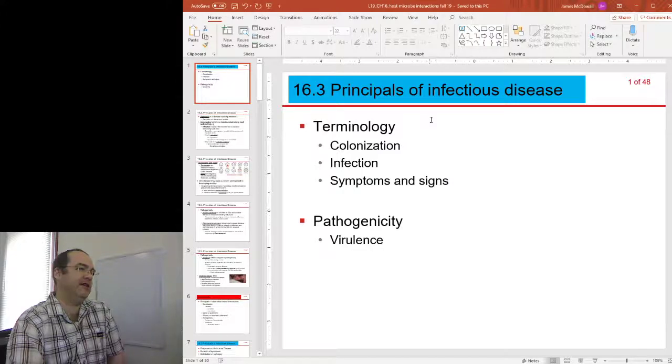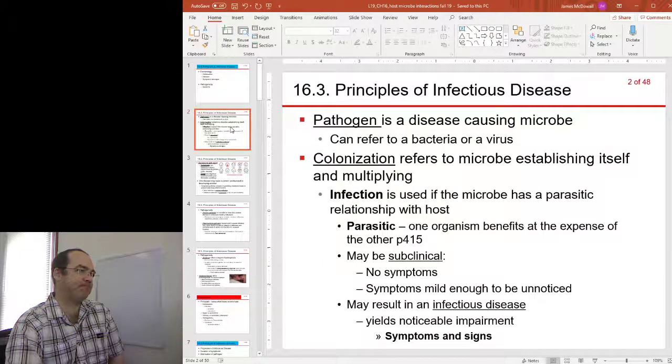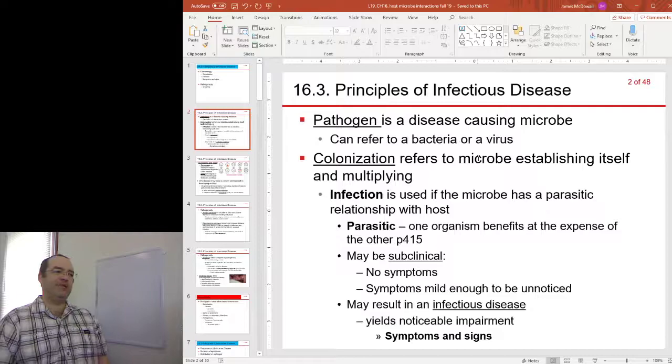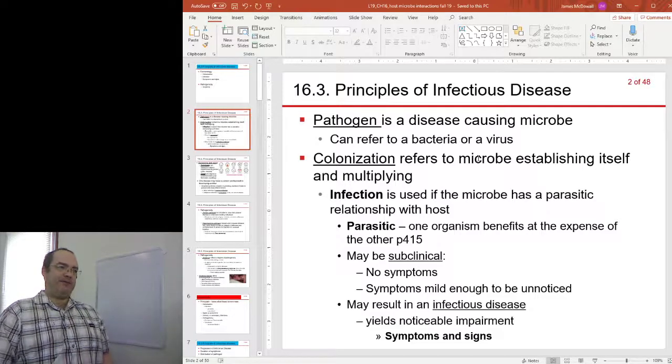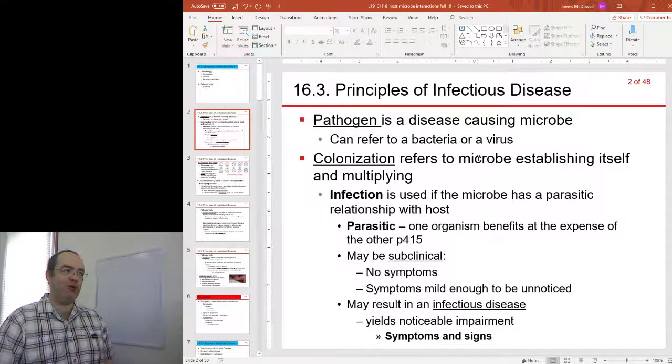And first things first, there's just some terminology to try and remember, and we'll work our way through those different terms. So, what is a pathogen? A pathogen is a disease-causing microbe, can refer to a bacteria or a virus.